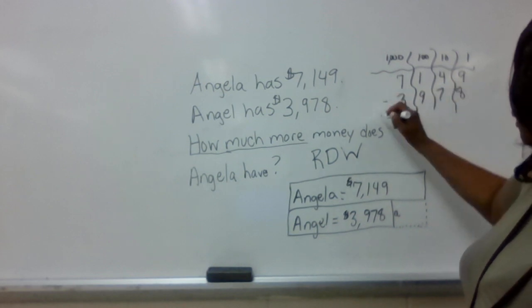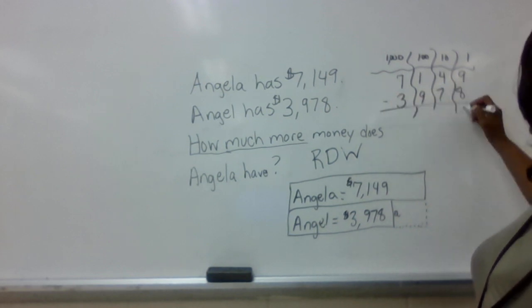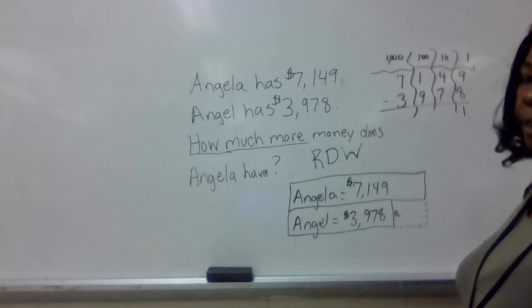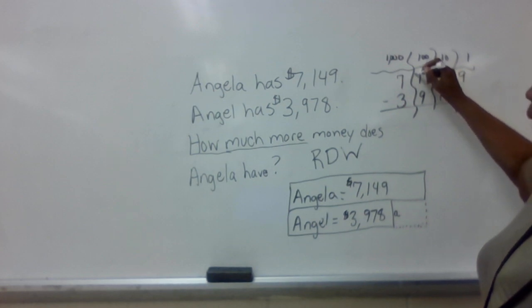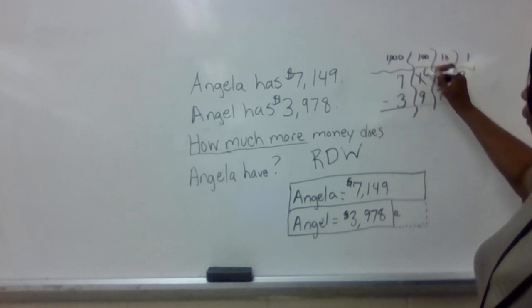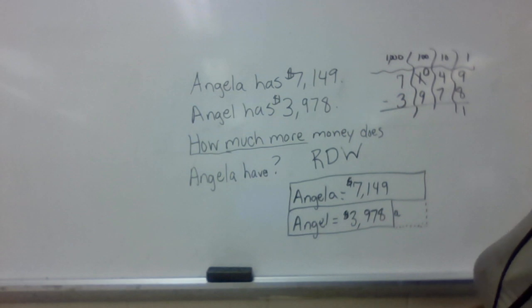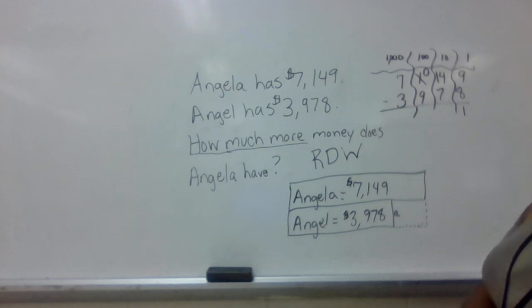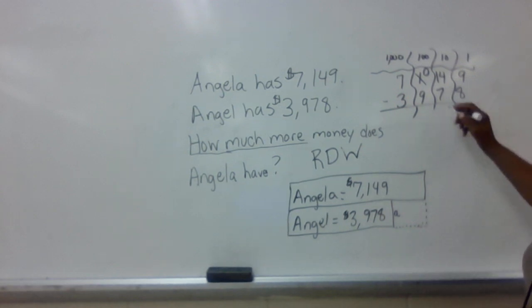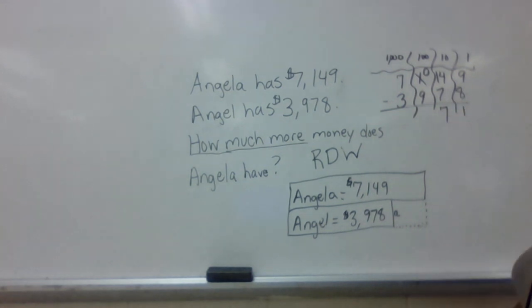And I'm going to subtract it. 9 minus 8 is 1. 4 minus 7, I can't do it because the digit on top has to be bigger than the digit on the bottom. So I must go to the hundreds place. It has 1 hundred. Now it has 0 hundreds. And we're going to break this 10 tens up here. So we now have 14 tens. So 14 minus 7 is 7.